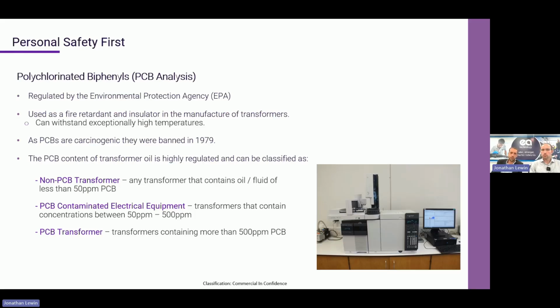So there's a big driver now to do those tests to determine the PCB content of the assets. Current regulation: anything with PCB content less than 50 parts per million is classed as a non-PCB transformer. Between 50 and 500 parts per million, that's PCB contaminated. Anything above 500 parts per million has to be removed from the network at the point of getting that determination on that asset.